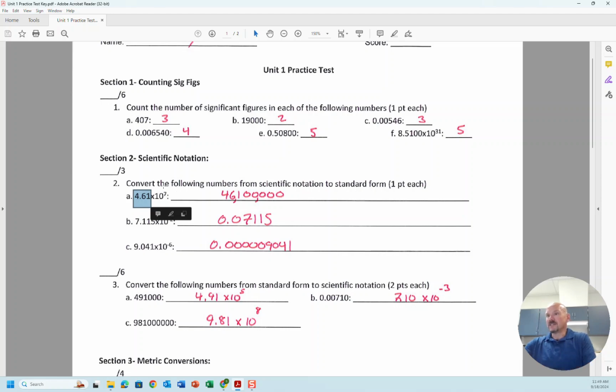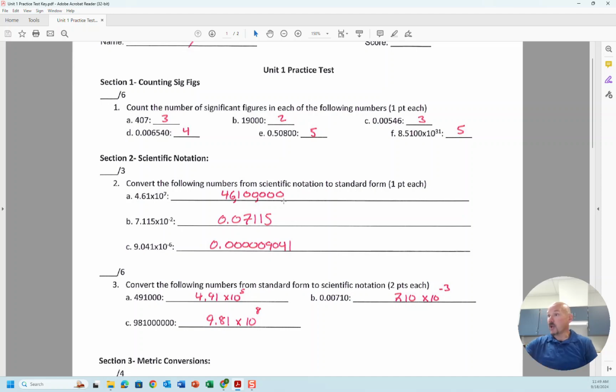So this is multiplied by 10 7 times, so move the decimal place to the right 7 times. So the decimal here, we go 1, 2, and then it would be 5 more spaces because we already moved it 2 spaces, and that's how we get this number. So the decimal point was here, 1, 2, 3, 4, 5, 6, 7 spaces to the right.